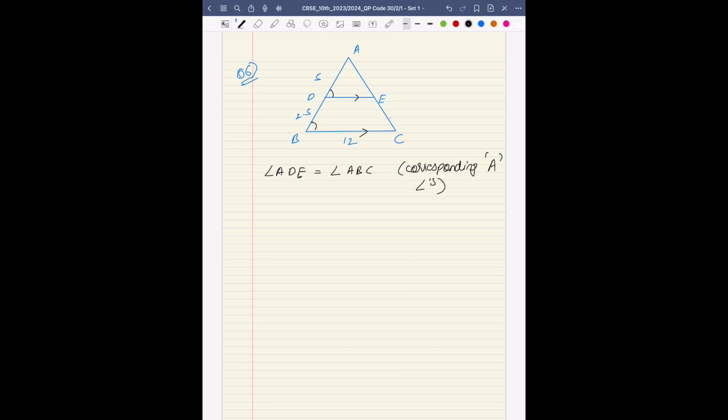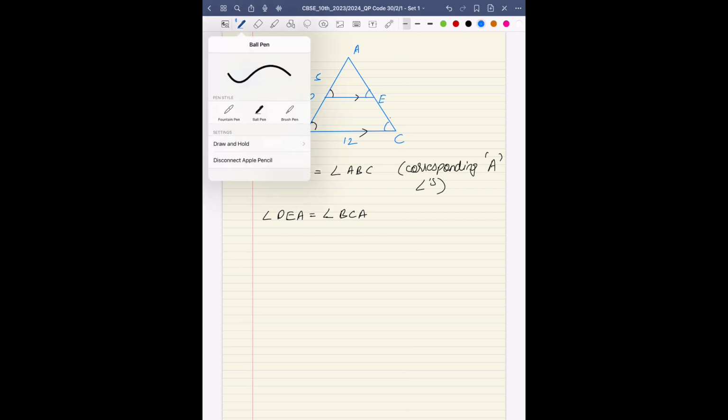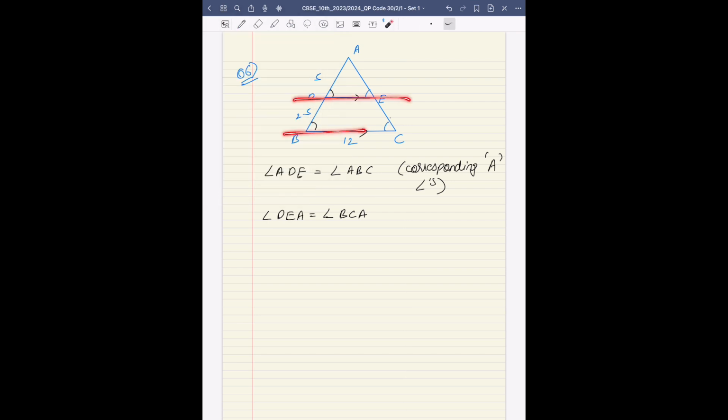Okay, now what do we do? So this angle and this angle will also be equal. Angle DEA is equal to angle BCA. So even these two angles are the same. This is your parallel lines, transversal, corresponding angles.